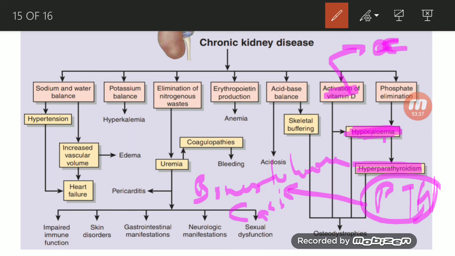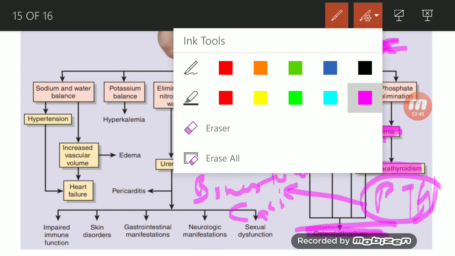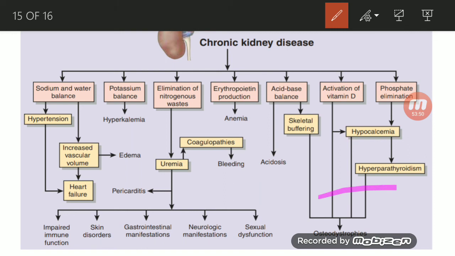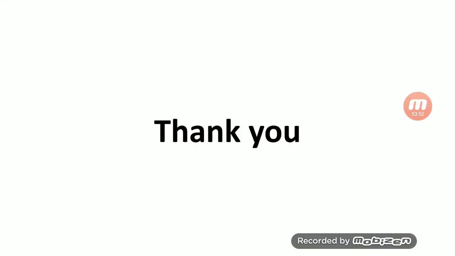So PTH causes your bones to lose calcium, which leads to osteodystrophies. This is known as osteodystrophy. And I think with this we complete another topic, which is acute and chronic renal failure.